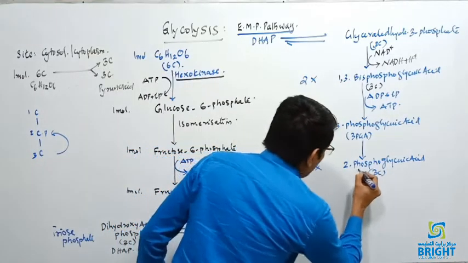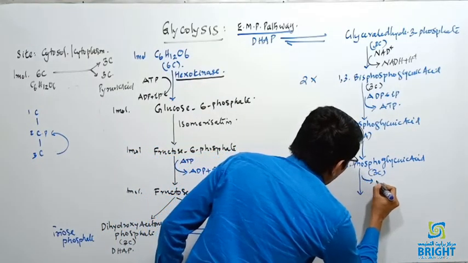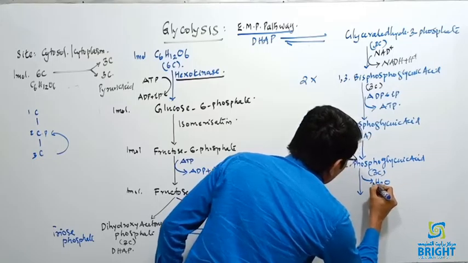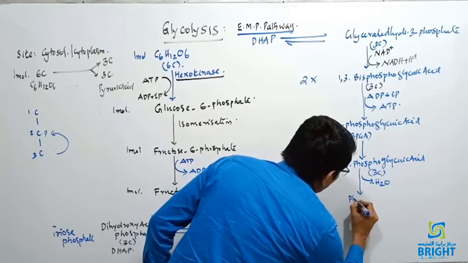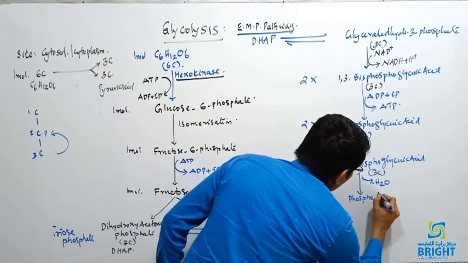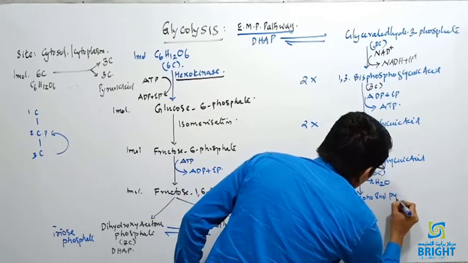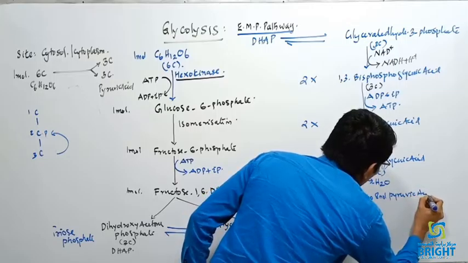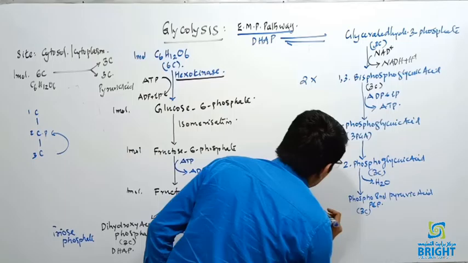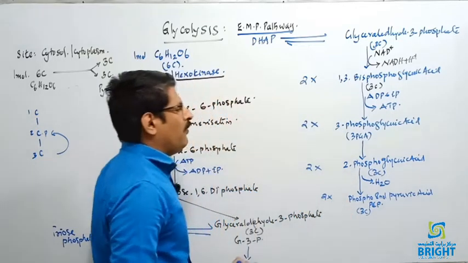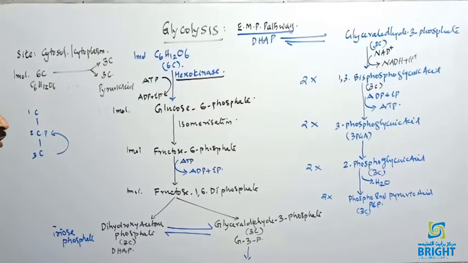And the 2-phosphoglyceric acid releases one molecule of water and is converted into phosphoenol pyruvic acid, that is PEP, and it is also a 3-carbon compound. 2 molecules of phosphoenol pyruvic acid are produced.